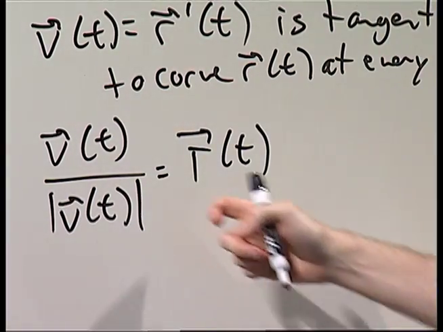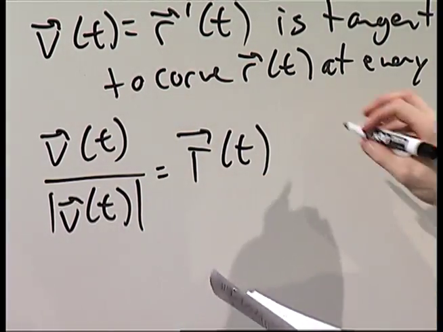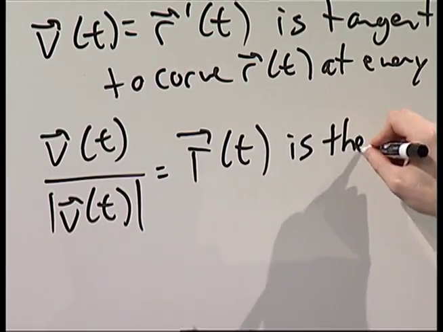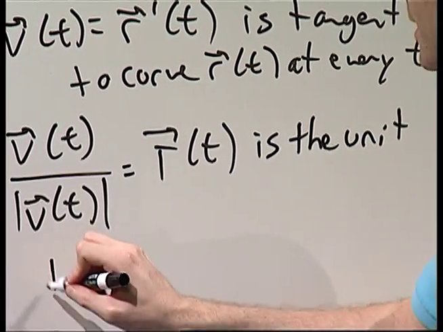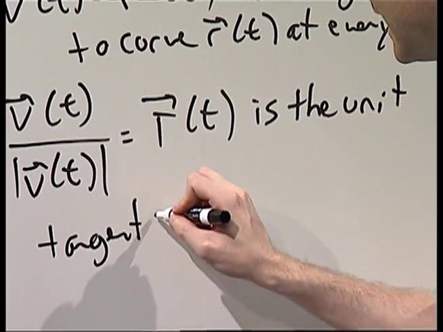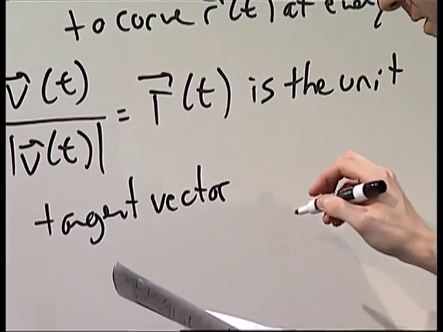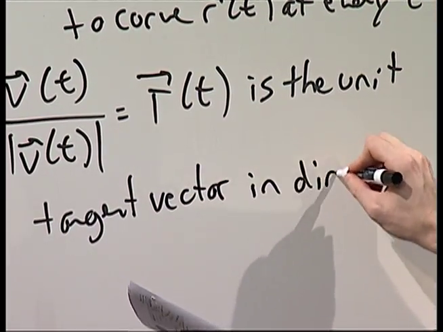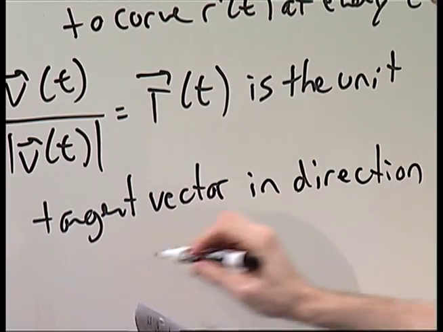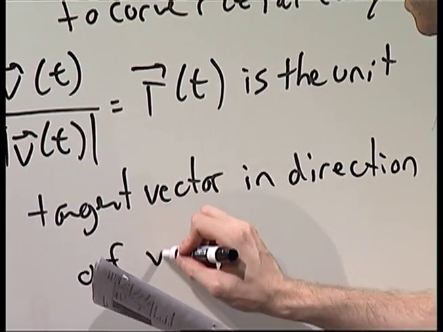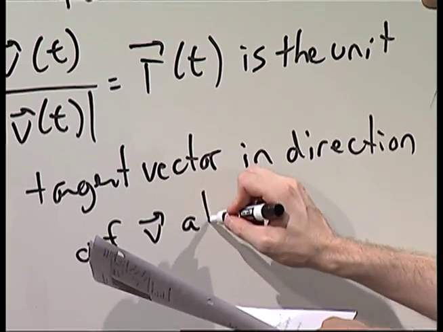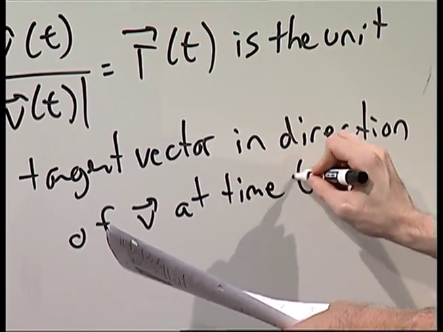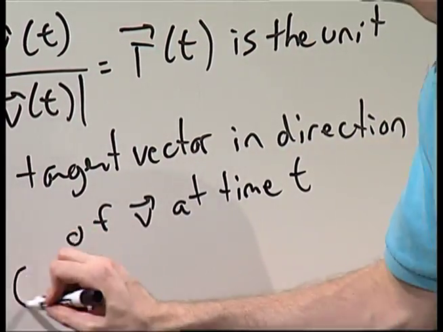I get this thing I call capital T of t. Still dependent on little t, but this is the unit tangent vector in the direction of v at time t.